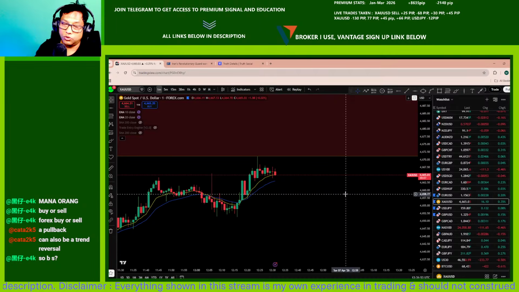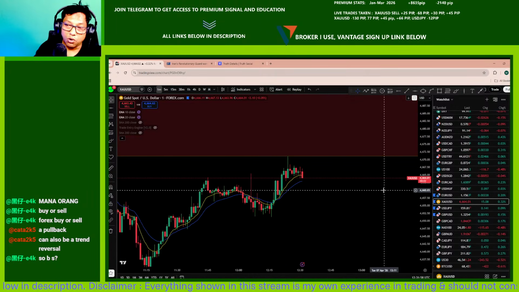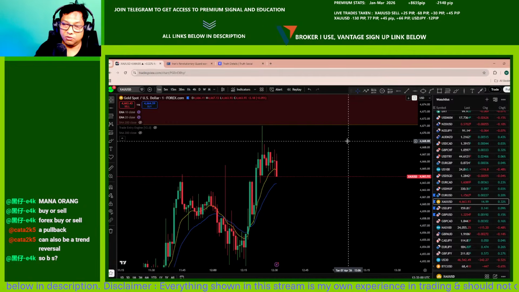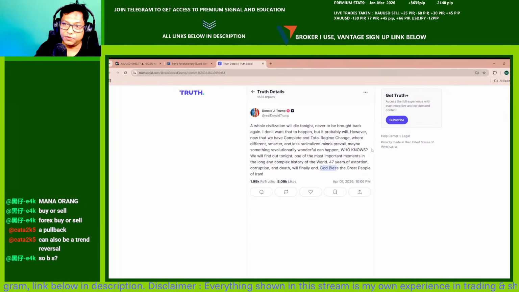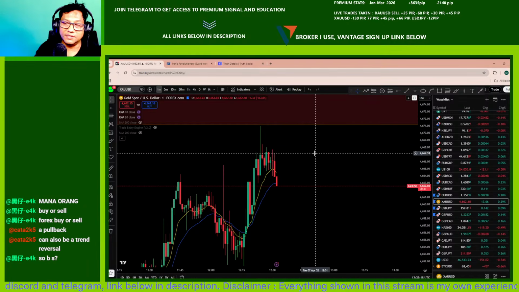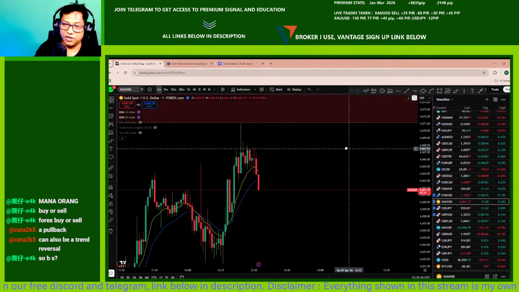That's why, for those who are using my automated trading system, there's also a trend filter and a spread filter, because during high impact news, sometimes the spread widens a lot due to the drop in volume, and that sometimes causes difficulty.